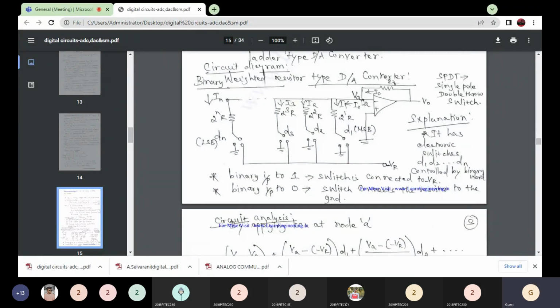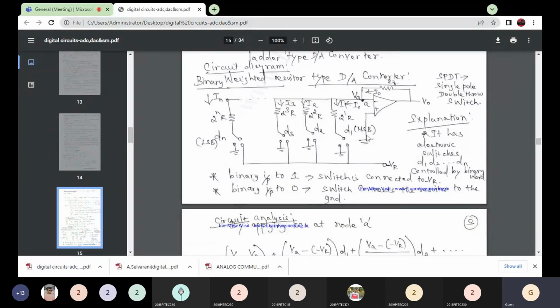The output is fed back to the inverting terminal through the feedback resistance. Everyone should know the virtual ground concept. Considering an ideal op-amp, the difference voltage, that is the non-inverting terminal voltage minus the inverting terminal voltage, should be 0, and the current flowing into the terminal should be 0.